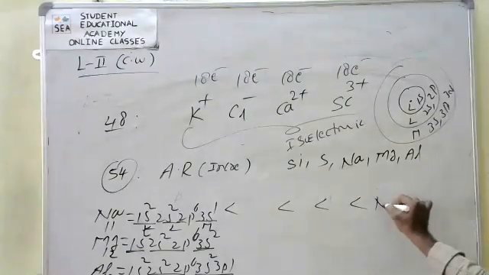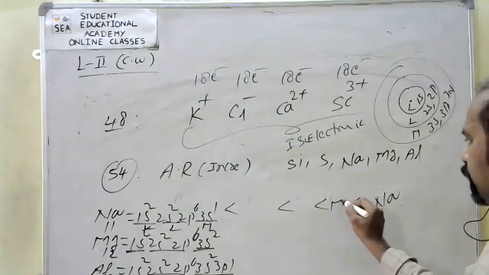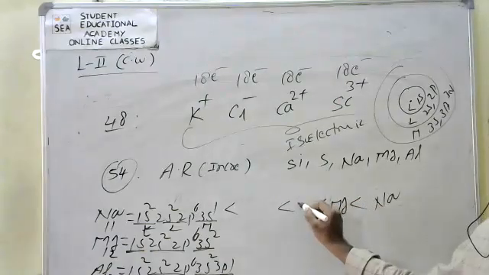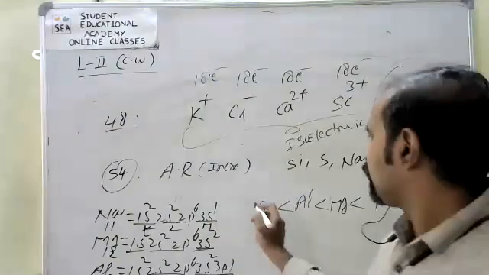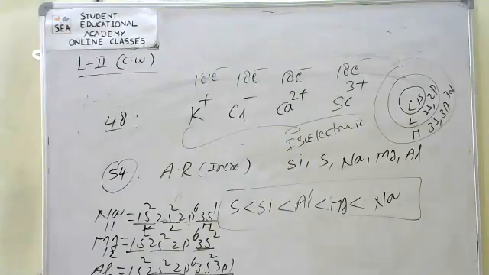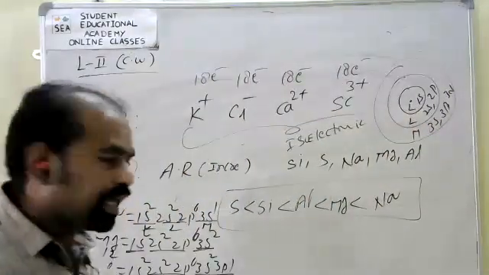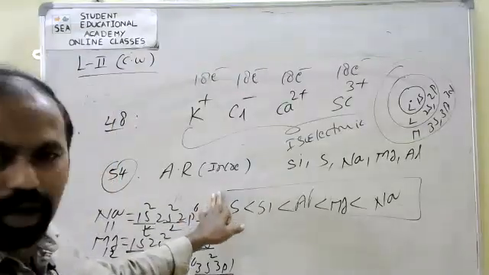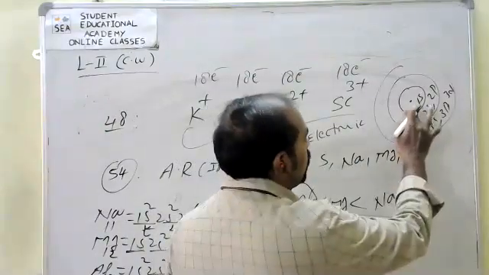Here we can say sodium has the least number of protons, so sodium has the highest radius, then magnesium, then aluminum, then silicon, then sulfur. Understood that? Shell-wise it does not increase. Any element's electronic configuration has electrons in K, L, M shells only.